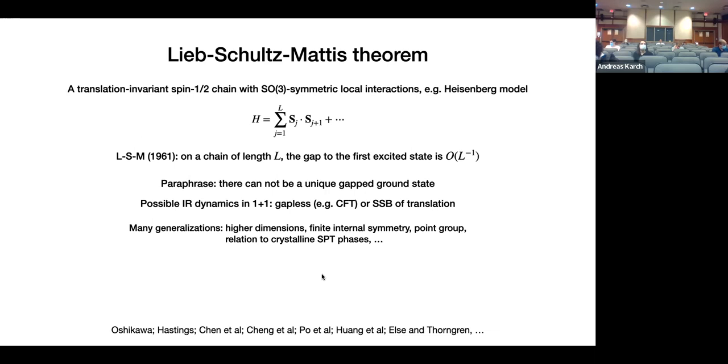It's not easy to have such statements, and they have been generalized in many directions in recent years to higher dimensions, finite internal symmetries or point group symmetries, and there's also a rich connection to crystalline SPT phases and all that. What has been appreciated is that this Lieb-Schultz-Mattis theorem should really be understood as a mixed anomaly between the translation and the internal symmetry, in this case, SO3. Okay. All right.